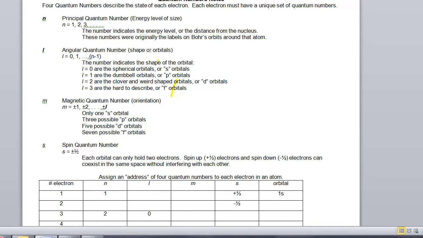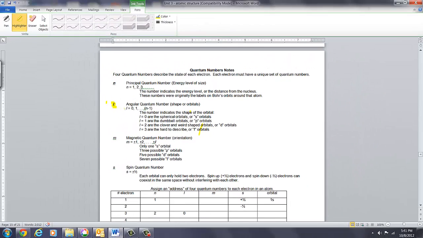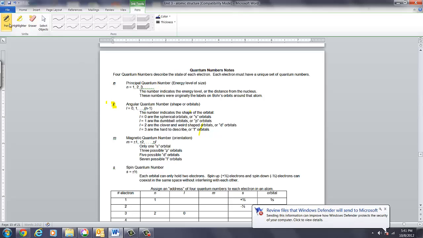Okay, the next one is angular momentum. This is now an L. Don't ask me why they're changing the letters as they add these new numbers, but it's called the angular quantum number. It's the number that goes with the orbital itself. This is what you need to know.